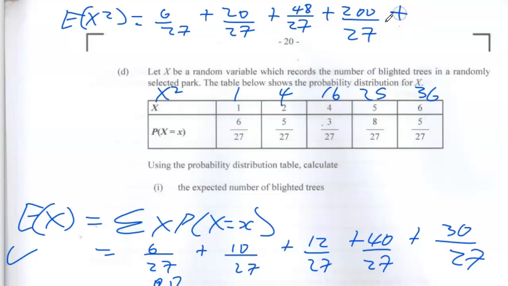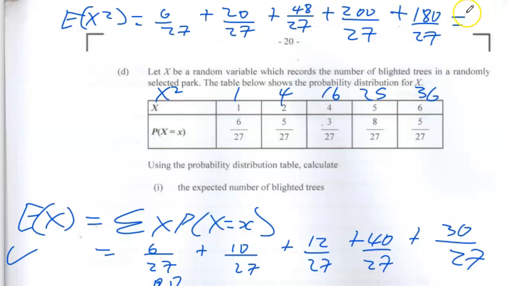And then 36 times 5 over 27. So 36 times 5, that's 180. So if I add all the numerators, I end up with 6 plus 20 plus 48 plus 200 plus 180.